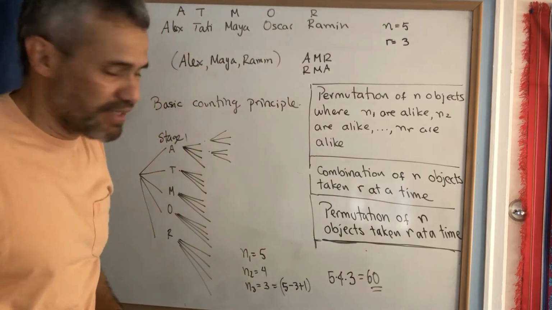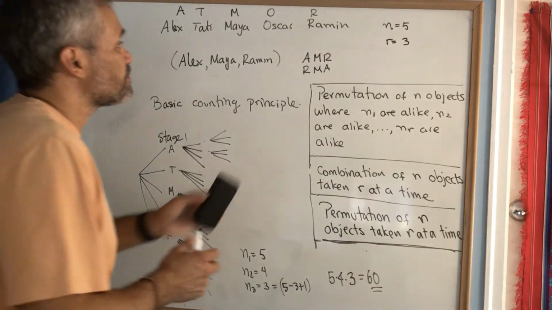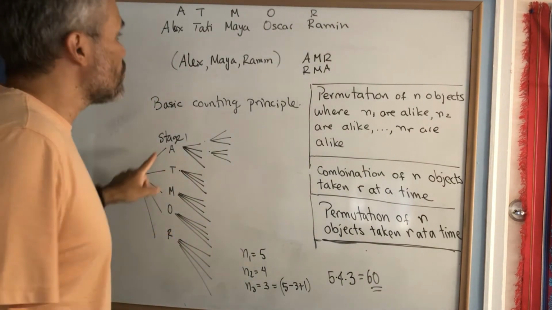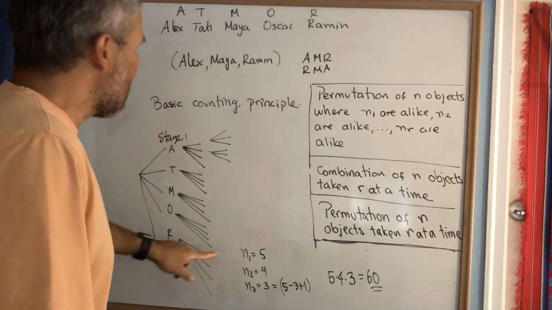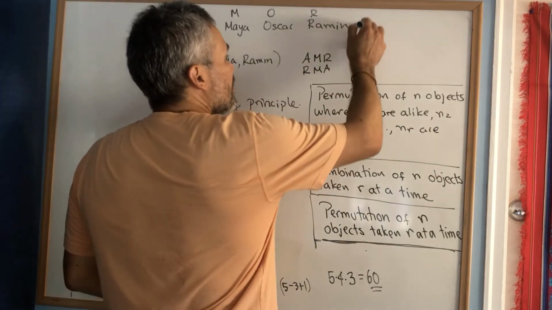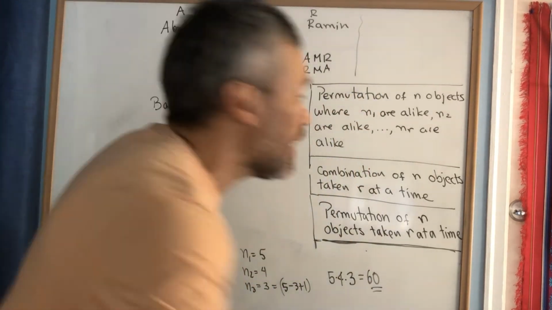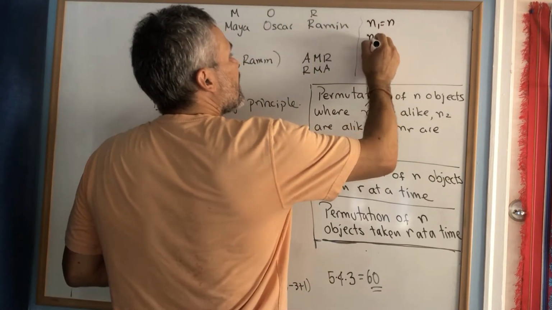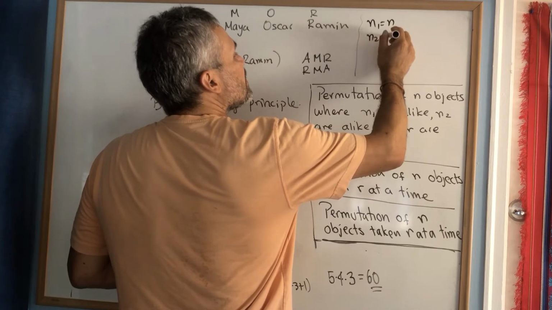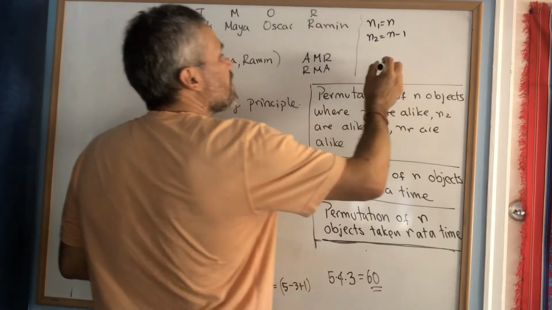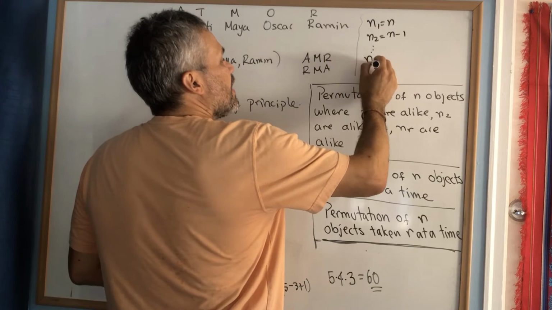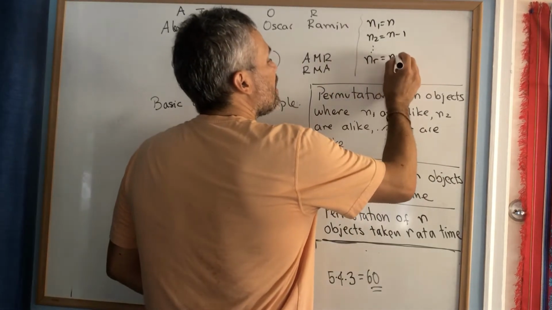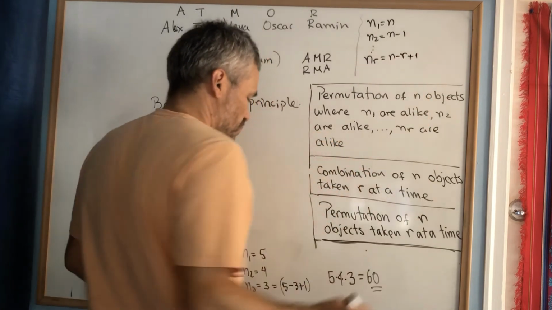What is going to happen in general? If we have n, and we are going to select r at a time, then in general n1 is n, n2 is n minus 1, and nr, the last one, is n minus r plus 1.